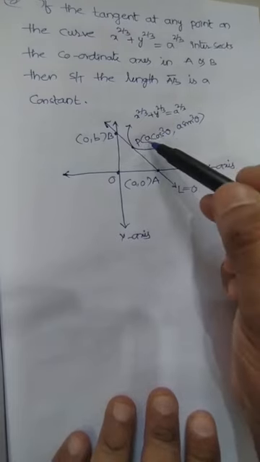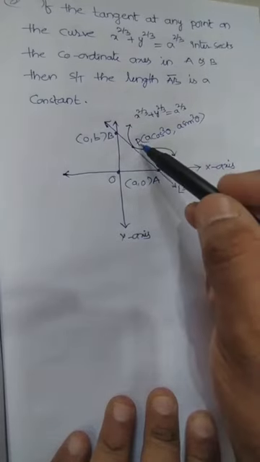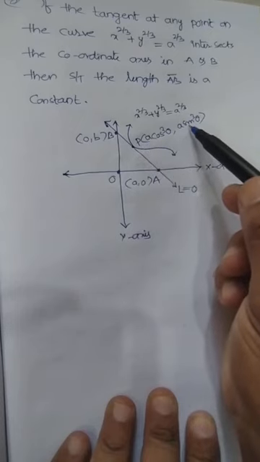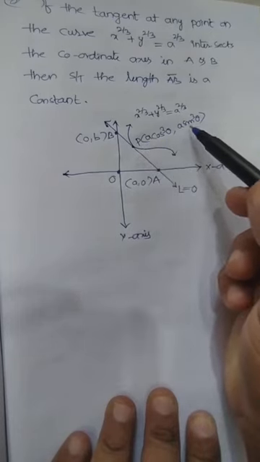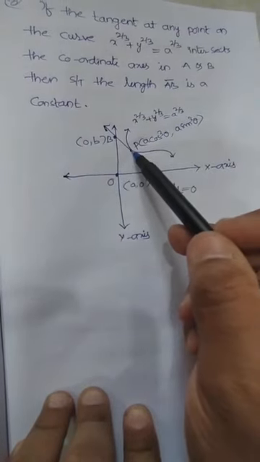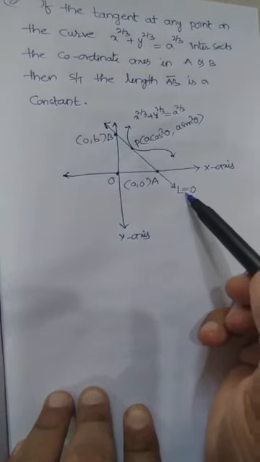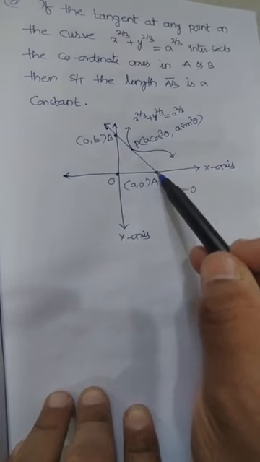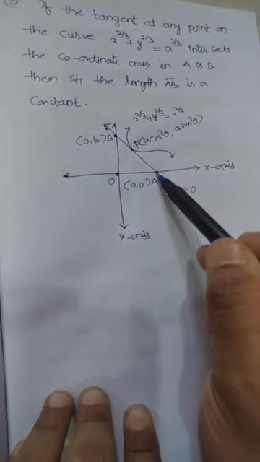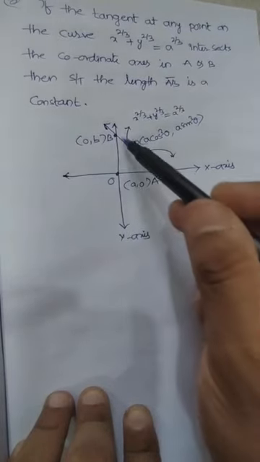Let us assume the point to be P(a cos³θ, a sin³θ). At that point we have a tangent line L = 0. This tangent line meets the coordinate axes at A and B: at A it meets the x-axis and at B it meets the y-axis.